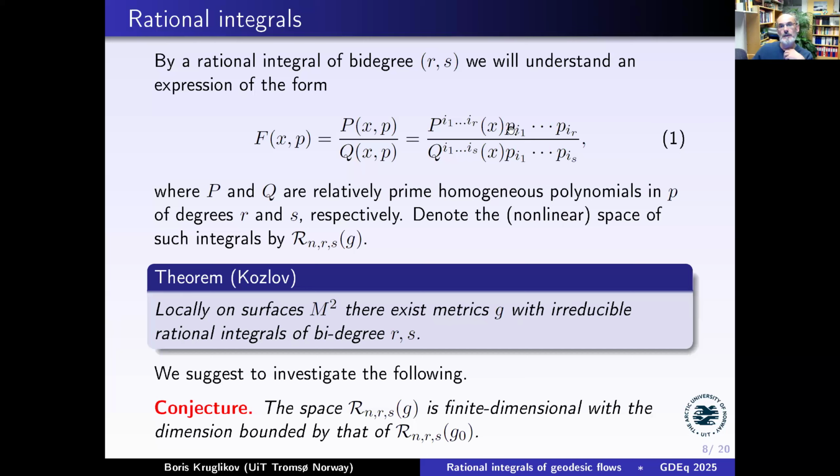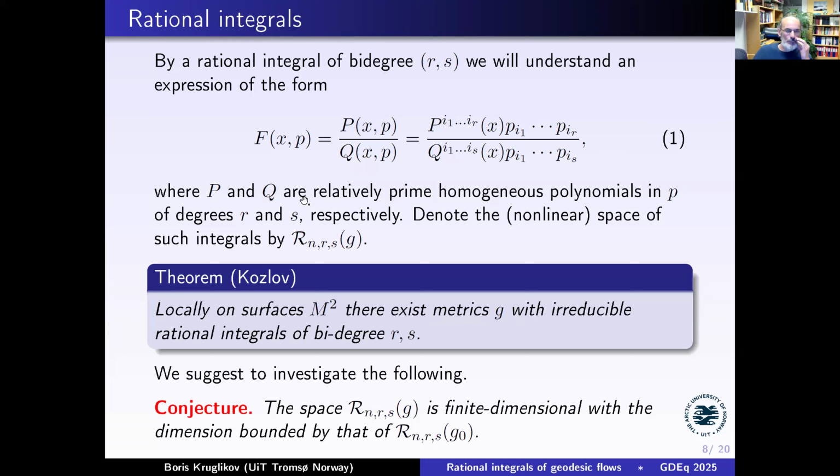So the degree of the numerator is r, homogeneous, and the degree of the denominator is s, homogeneous. People also consider inhomogeneous polynomials, and division of inhomogeneous ones. That's a bit different story, so I will consider homogeneous. And we can say P and Q are relatively prime, because if they have common factors, we can remove these common factors.